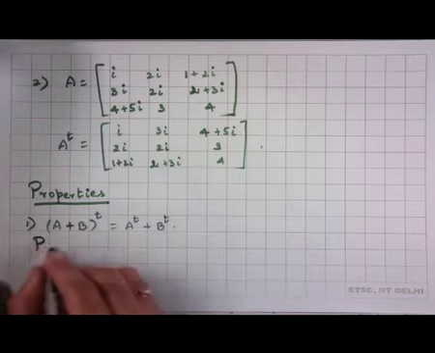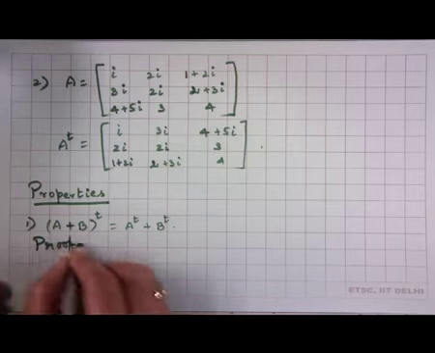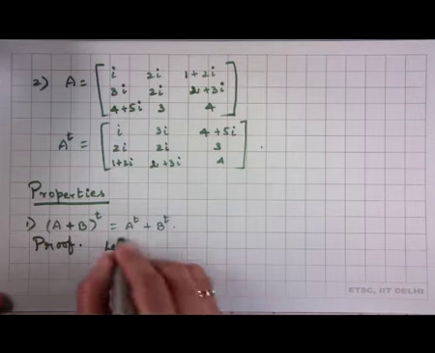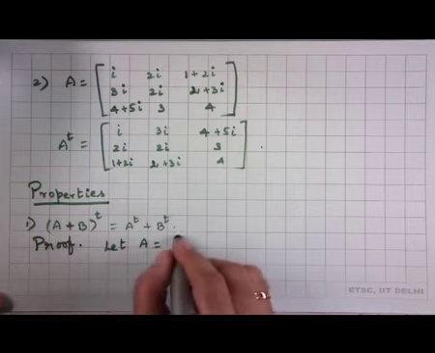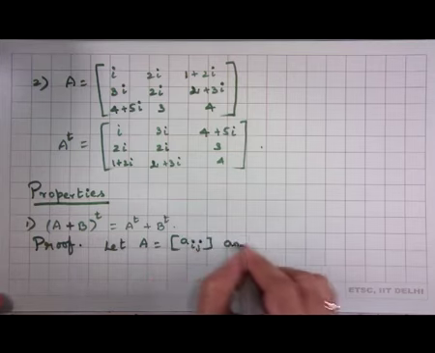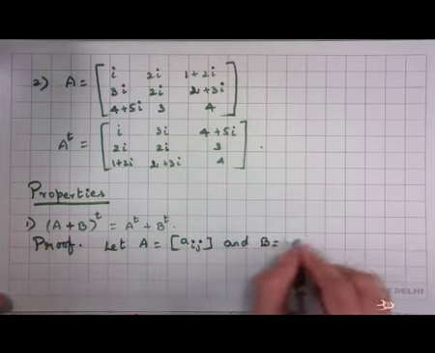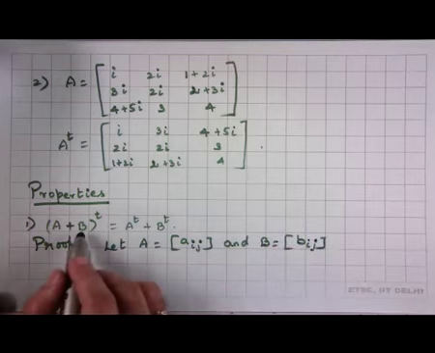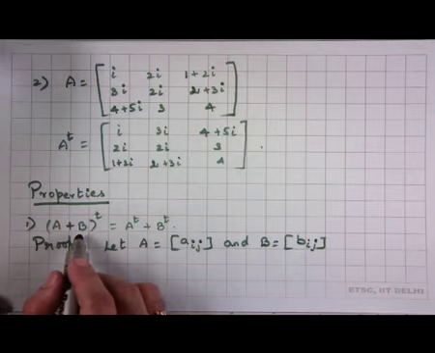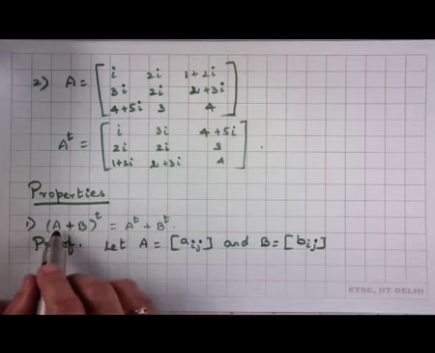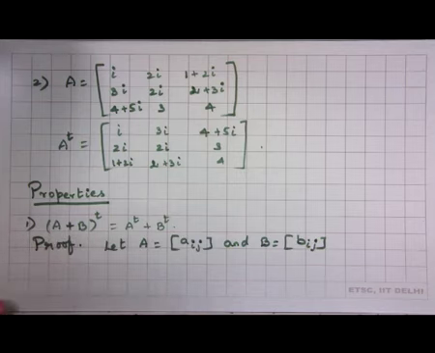Proof: A plus B whole transpose. Let me write A as Aij and B as Bij. Now A plus B makes sense only if A and B have the same order, so we assume A and B have the same order.